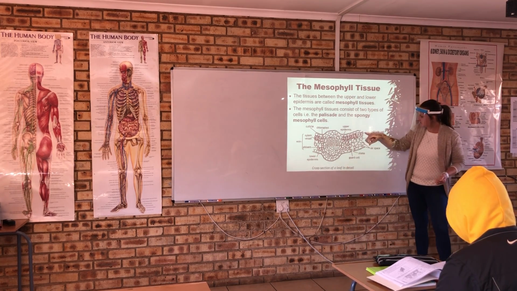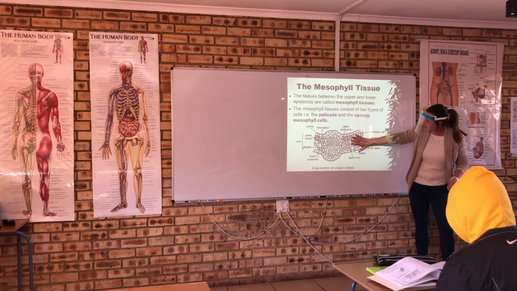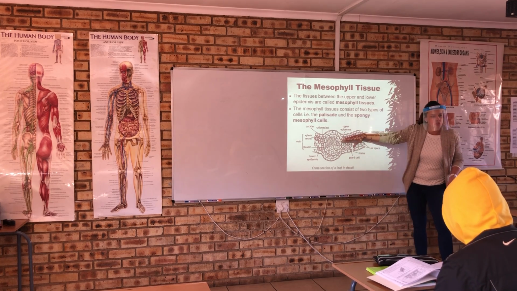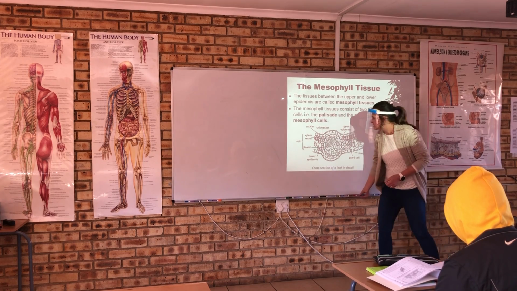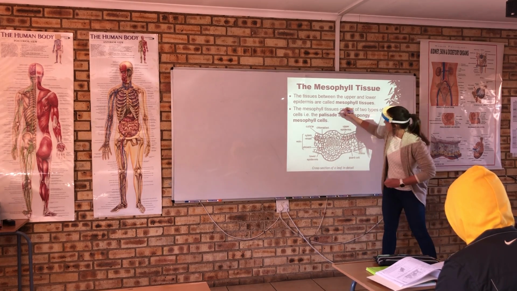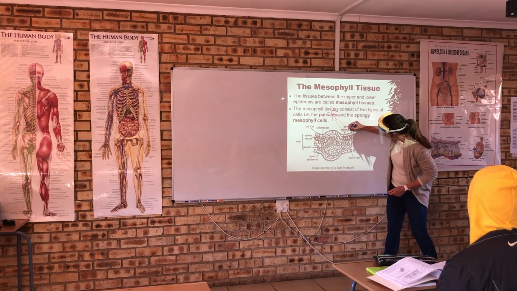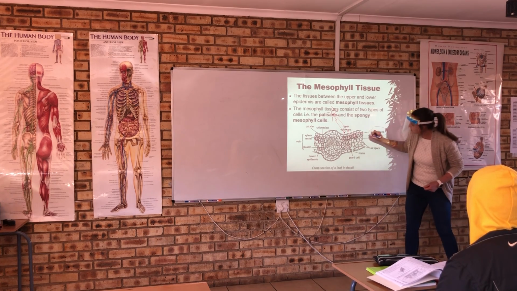So we've got our palisade mesophyll cells, and then we have our spongy mesophyll cells. We spoke about this yesterday, that our spongy mesophyll cells allow for gases to move through to this location where we have a lot of photosynthesis taking place. So remember, we've got light coming, being directed on the upper epidermis. If this is our sun, we've got light coming on the upper epidermis. Lots and lots of photosynthesis happening in this layer.